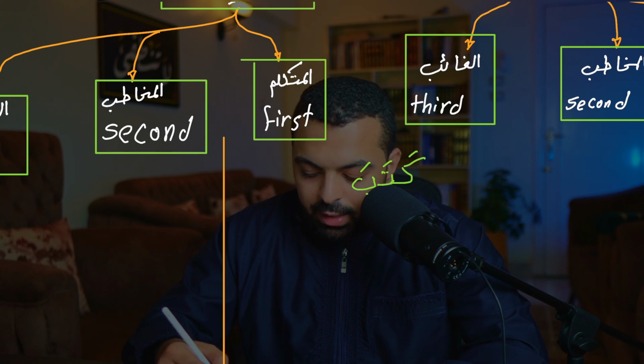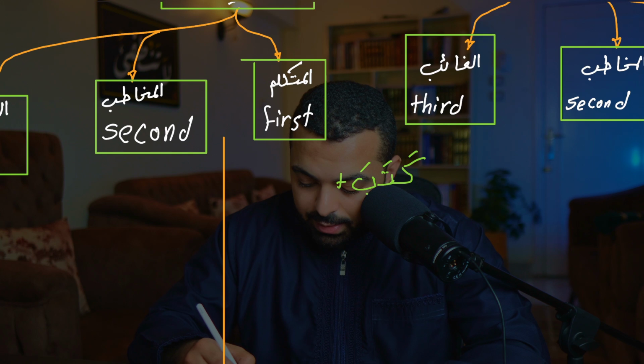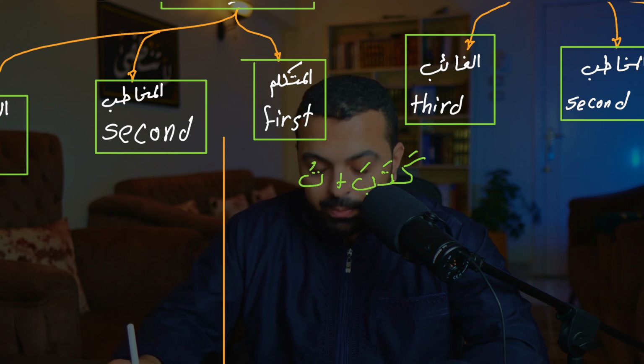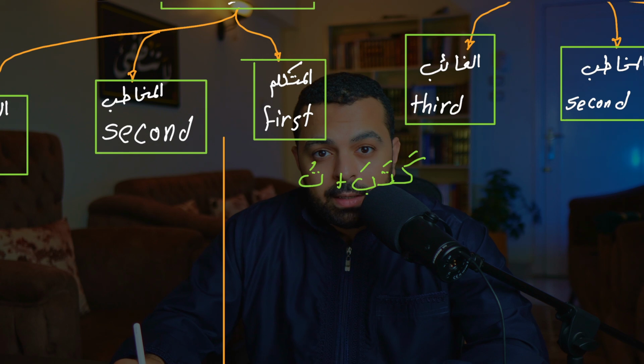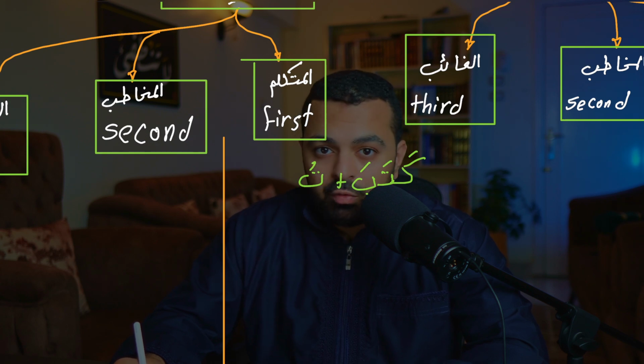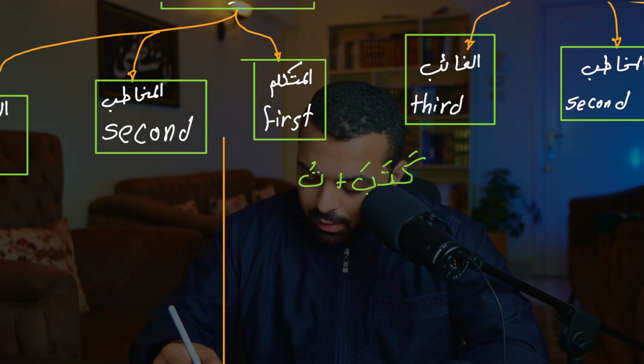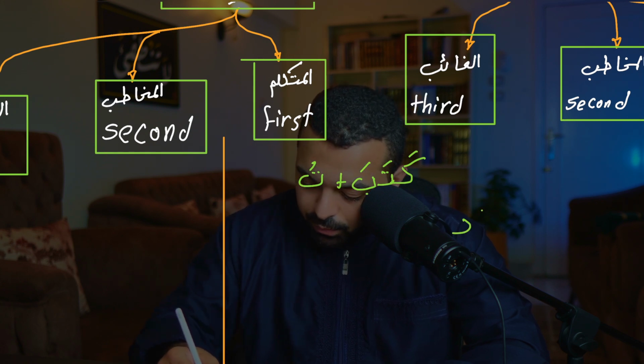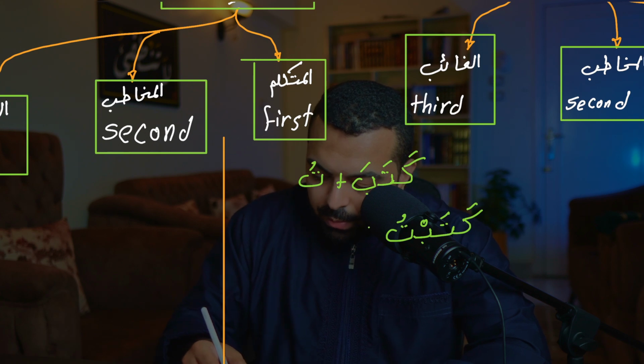And in order to say I wrote, you need to add ta with dhamma. So, when you say I wrote the letter, you say كتبتُ الخطاب.